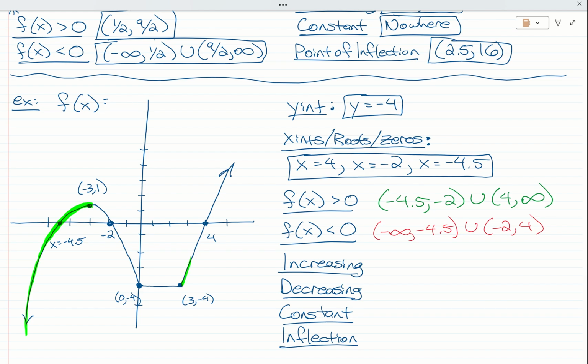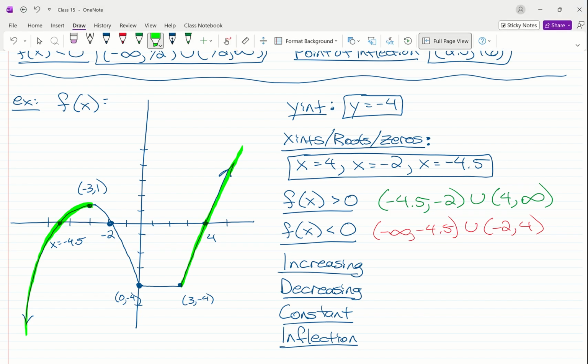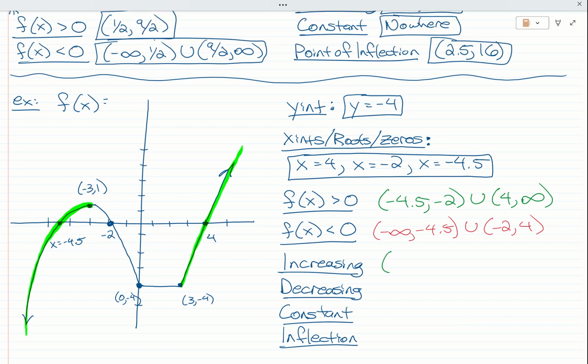It's going to start going up again right over here. So that would be where the graph is increasing. We could say this happens from -infinity to the x value of -3, and then also from an x value of 3 to infinity.